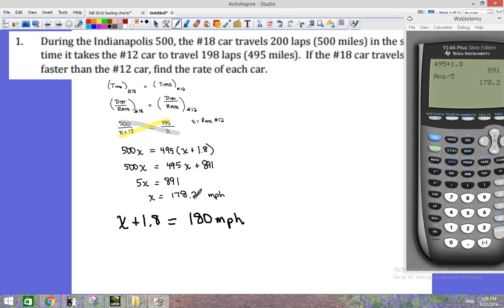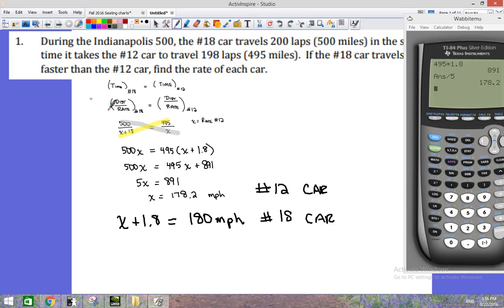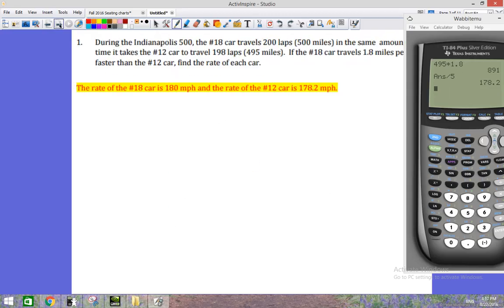So this 178.2 was the number 12 car, and 180 was the number 18 car. If we check those answers against the key that's on the website, yeah, we've got the number 18 car's speed is 180 miles per hour, and the rate of the number 12 car is 178.2. So that's the same answers that we just got, which is a good thing.